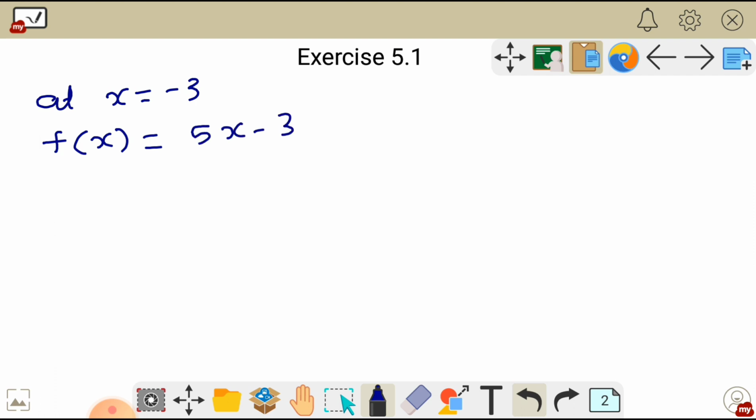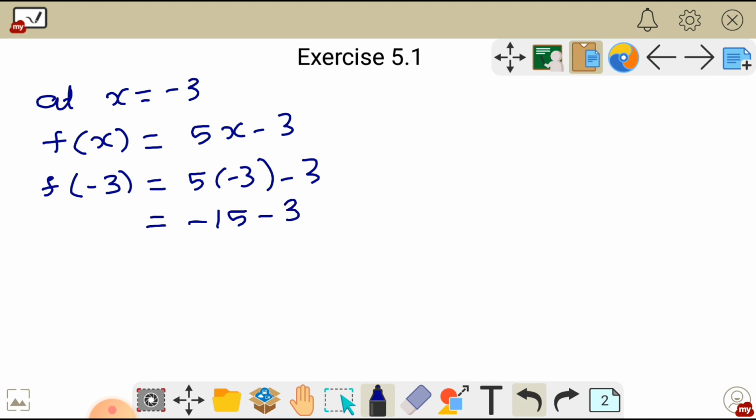Now let us put the value of x here, f of minus 3, which equals 5 in the bracket minus 3 minus 3. That gives us 5 3s are 15, so minus 15 minus 3, which gives us minus 18. So at x equals minus 3, f of minus 3 is minus 18.